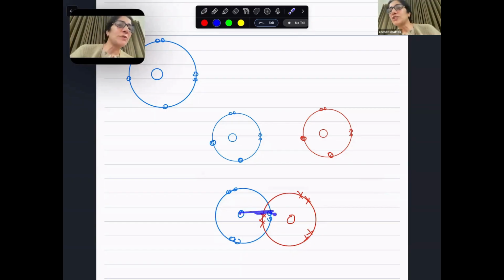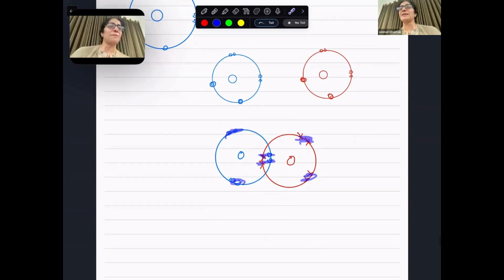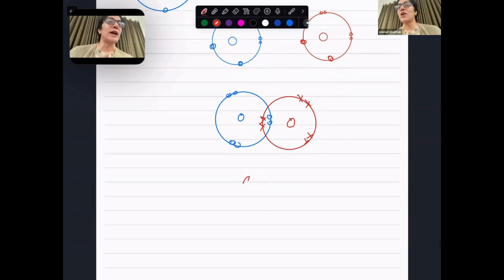This is sharing how much? 2. This is also sharing 2. So how much is shared in total? 4, each 2. So 1, 2, 3, 4, 5, 6, 7, 8, complete.